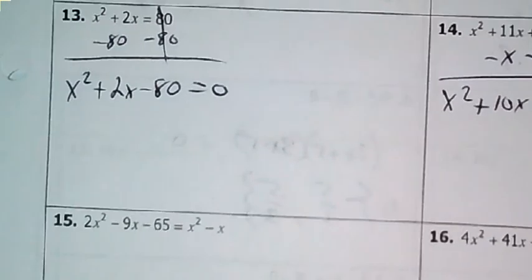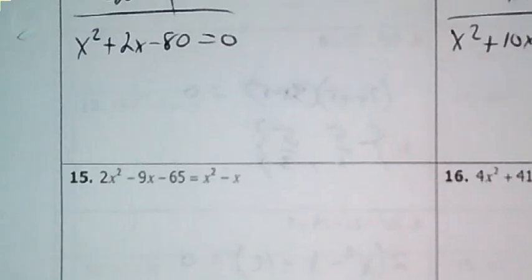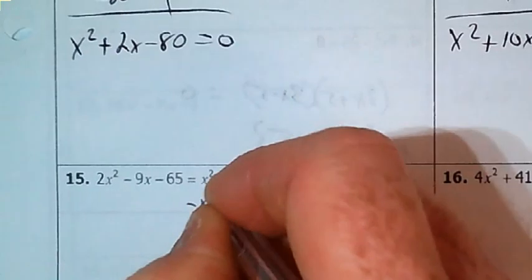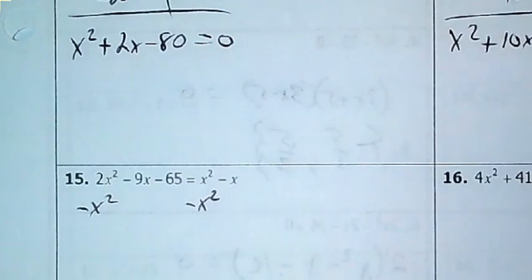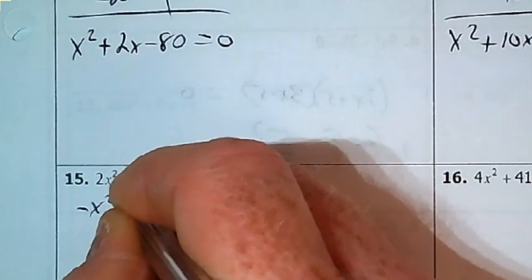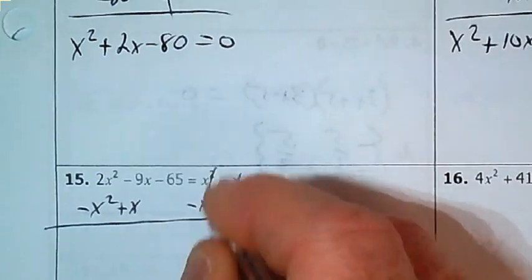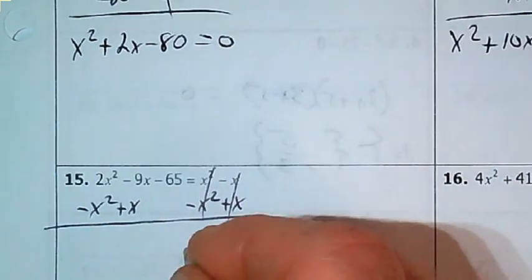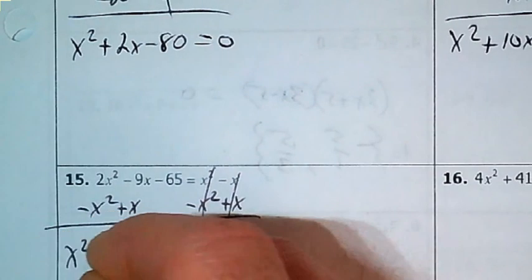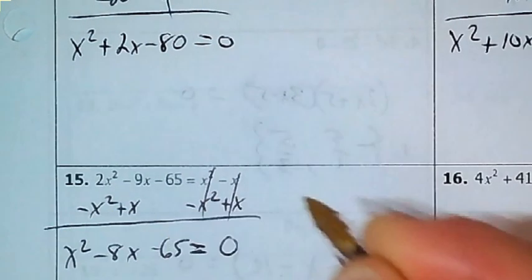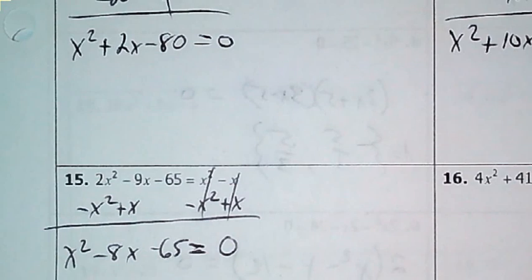All right, 15. Subtract x squared from both sides. Make sure you line them up. Add x to both sides. 0 on the right, x squared minus 8x minus 65 on the left. So you're just moving all this stuff over.